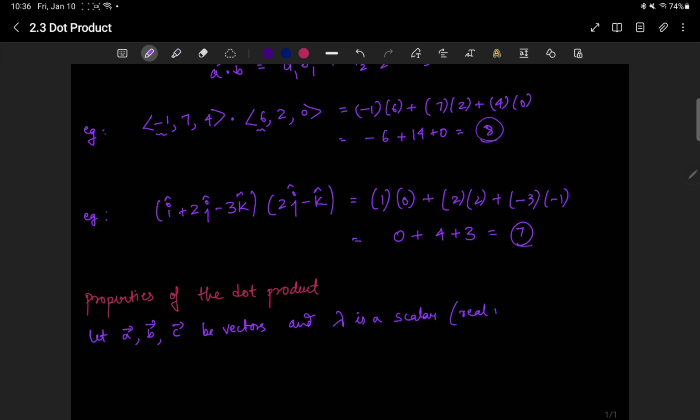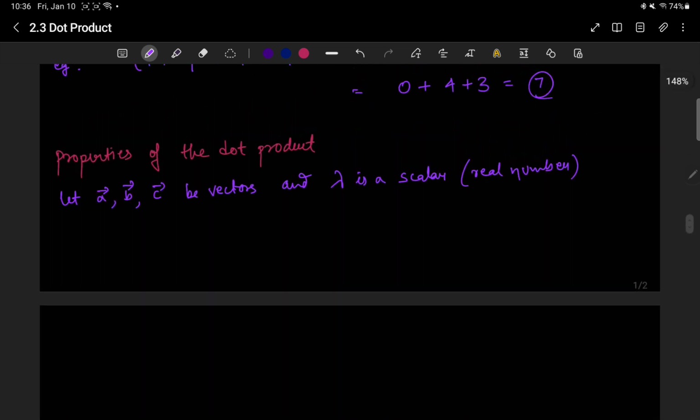Which means it's a real number, just a regular old real number. Some properties: if I dot A with itself, what I really get is the square of its magnitude, because it's going to be component i squared plus component j squared plus component k squared, which is exactly the square of the magnitude of the vector. Second thing, if I dot A with B, it's the same as if I dot B with A. It means it is commutative and order does not matter.